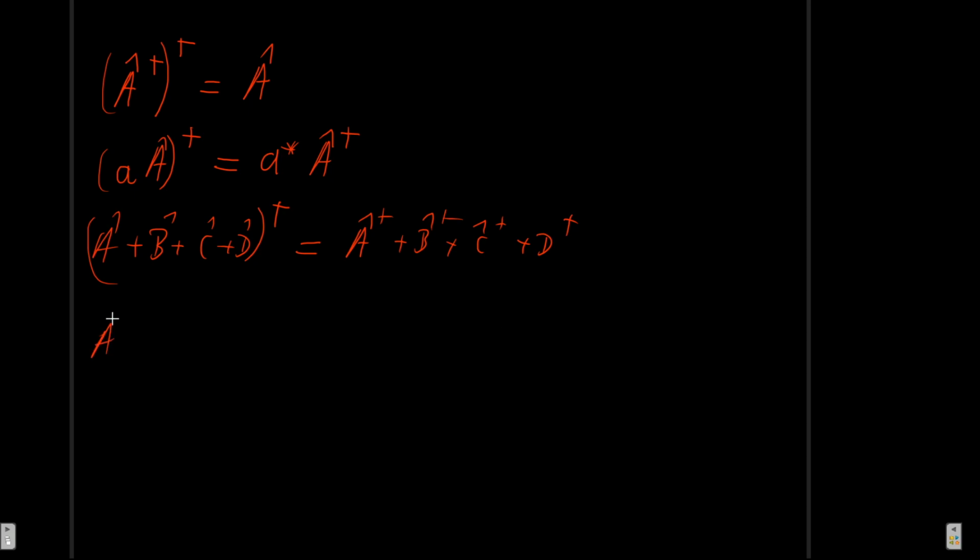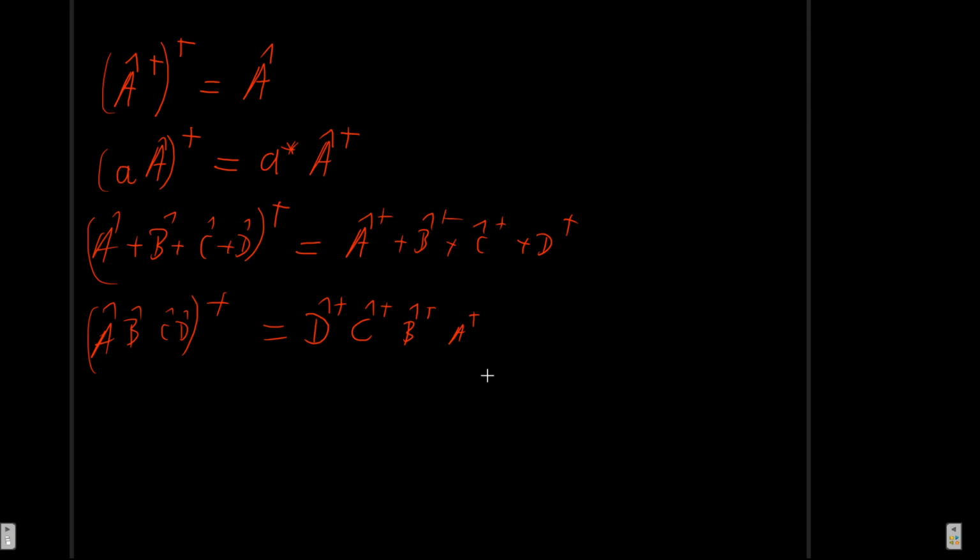If we have some product of operators and we want to take the adjoint of this, then we have to reverse the order and replace each one of these by their respective adjoints. Okay? And that is basically the first thing.